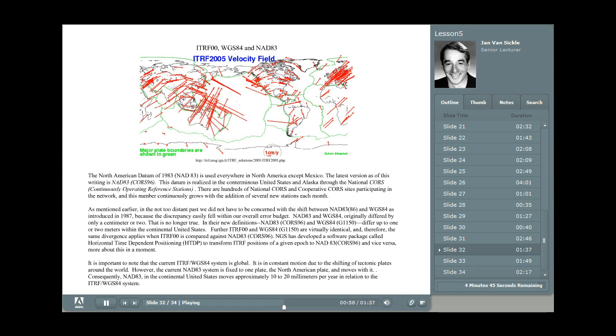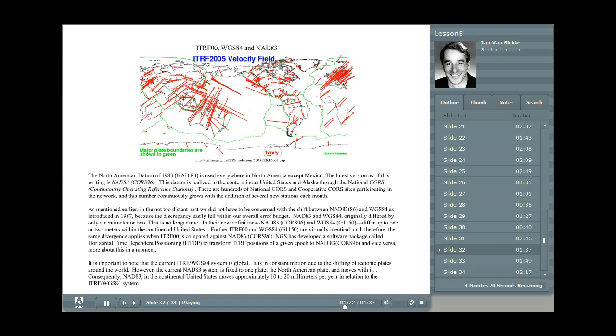Now, fortunately, NGS has a software package called the Horizontal Time Dependent Positioning, or HTDP, in which you can transform a coordinate based on its movement over time. But the important thing to note is that the current ITRF WGS 84 system is global.